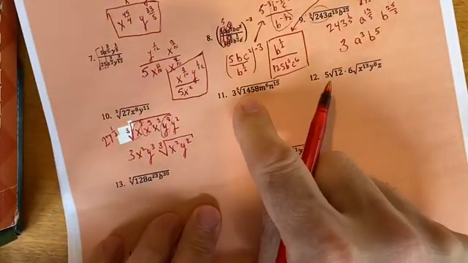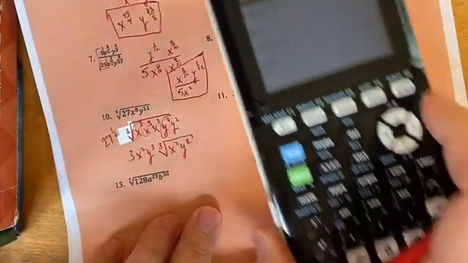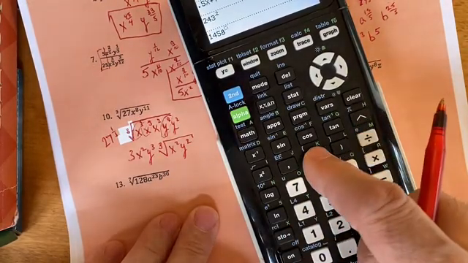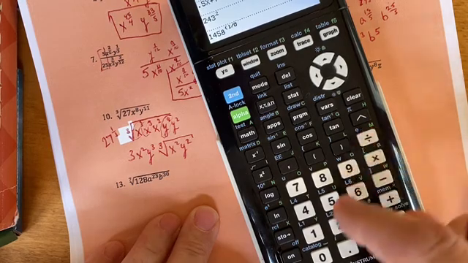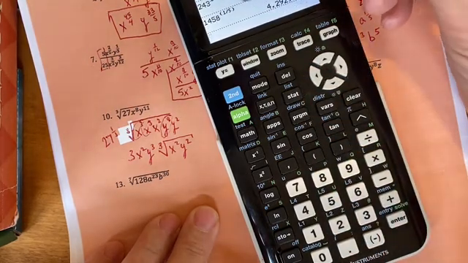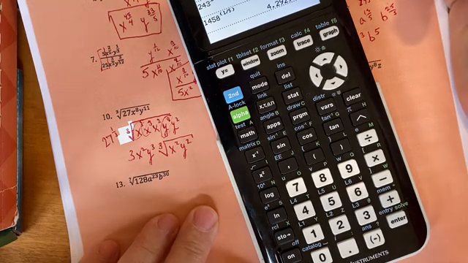Okay, let's check 1458 fifth root. Hopefully, 1/5 power. Oops, 1/5 is the same as 0.2. That's why I use 0.2 over here. Sadly, not.